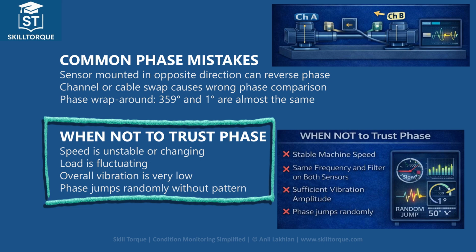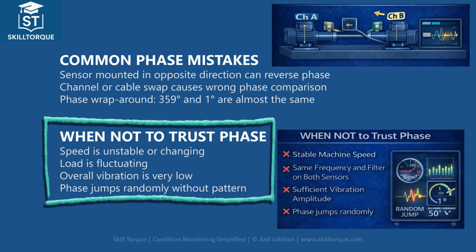So we should not trust the phase when the speed is unstable, or the load is unstable, or the amplitude of the signal is very low. If there is any bolt or looseness issue and the phase is continuously jumping, like from 90 degrees to 150 degrees, we will not trust these phase readings.